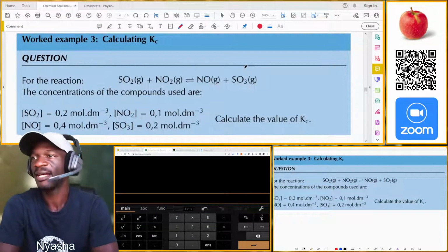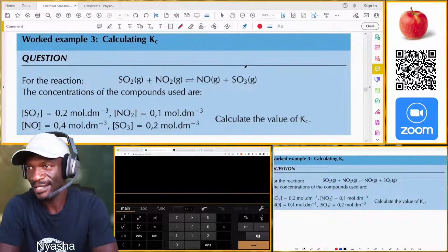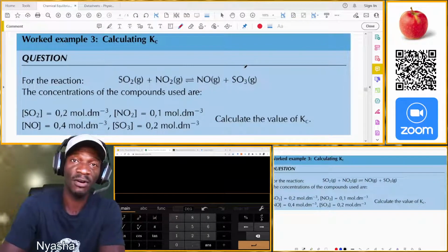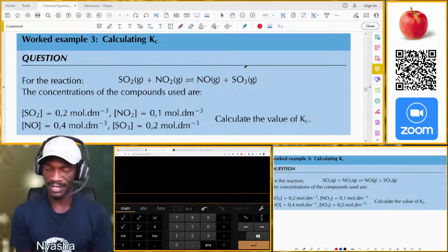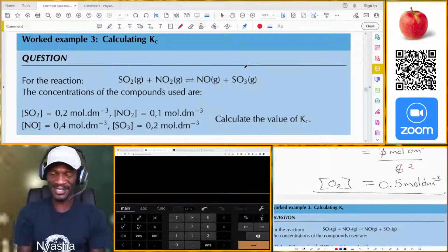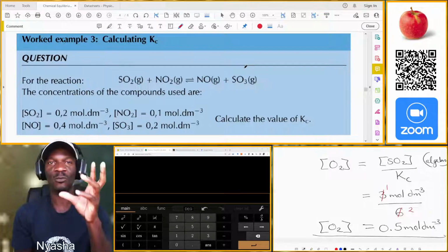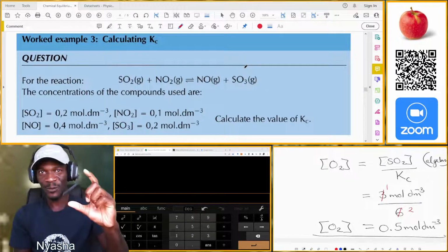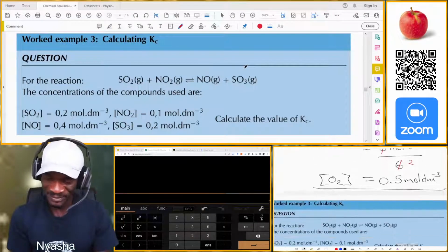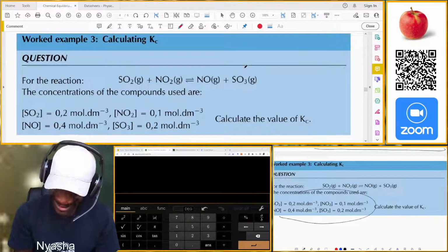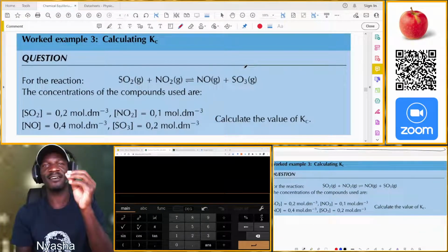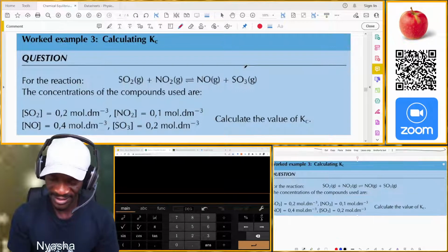Then they say, calculate the value of Kc. In the previous question, we used the value of Kc to find the concentration of one of the reactants. Now we are using the concentrations to come up with the value of Kc, isn't it?